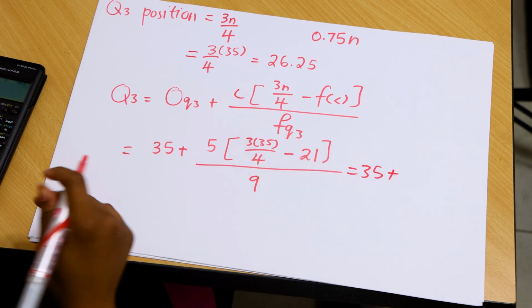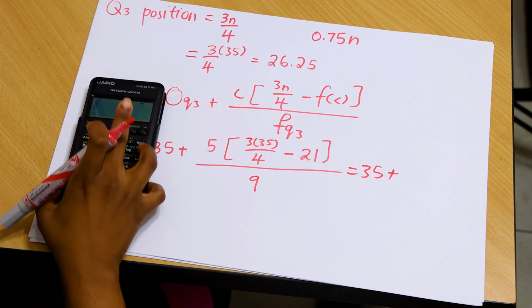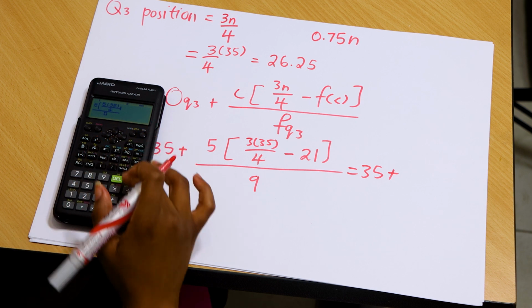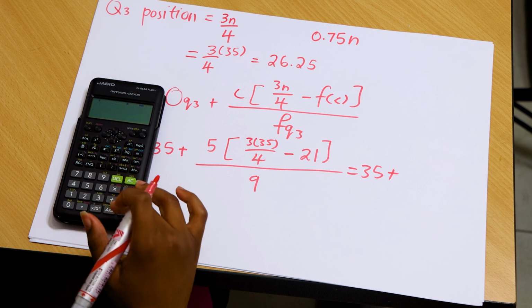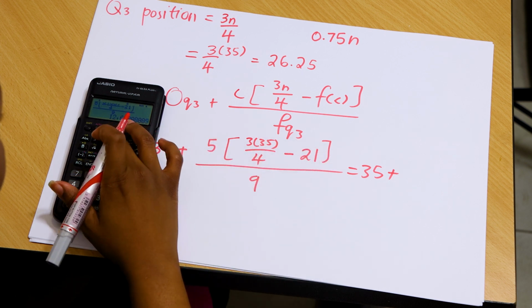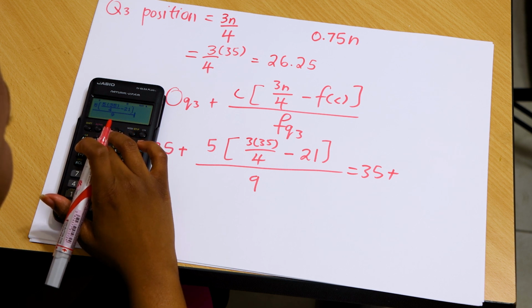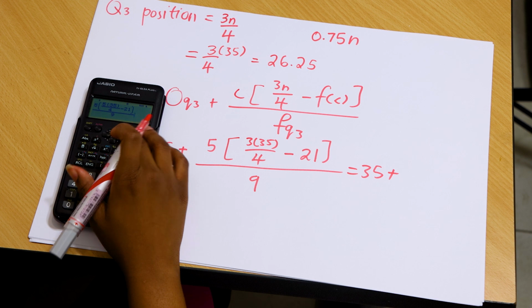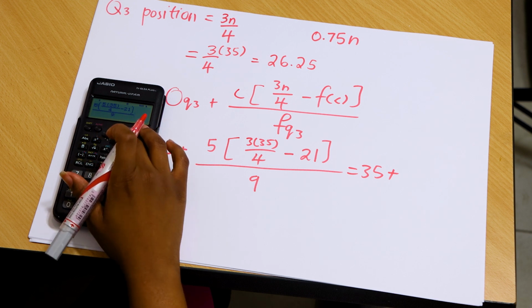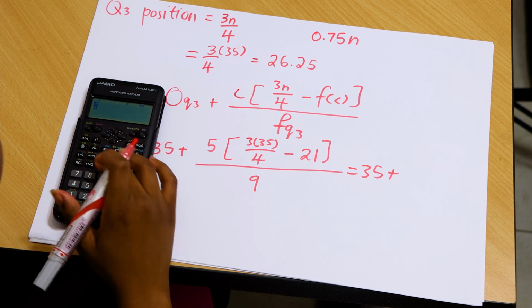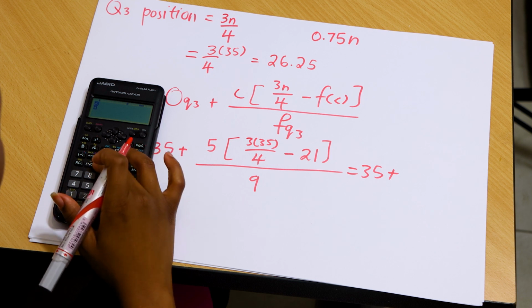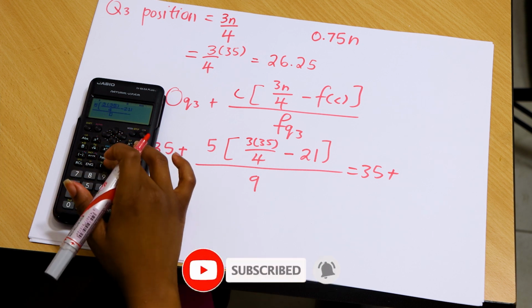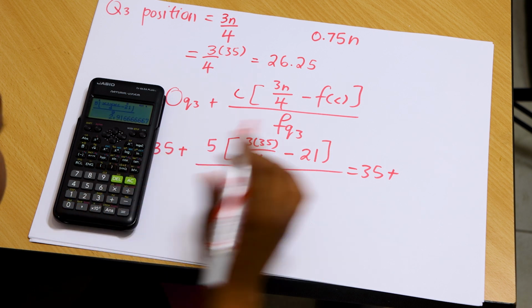So that gives 35 plus, let's find out, 5 multiplied by... This is 2.91.